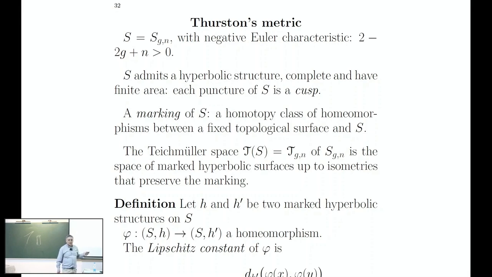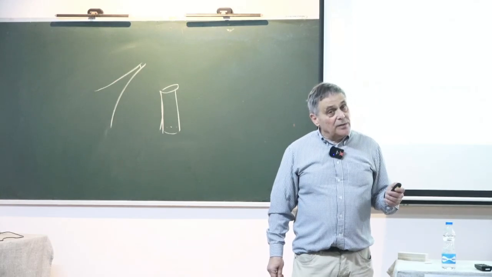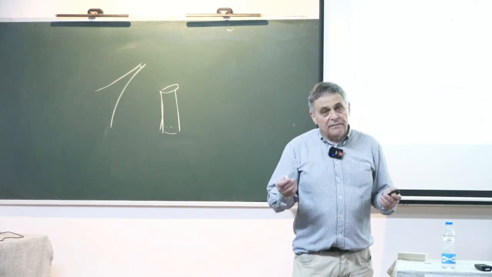I have a question. If you take a surface with boundary, which is not a cusp, geodesic boundary, then you still have a hyperbolic structure there, or it's more complicated? Yes, on surfaces with boundary, there's this theory of hyperbolic structures with geodesic boundary. But the universal cover will not be H2, since you have boundary.